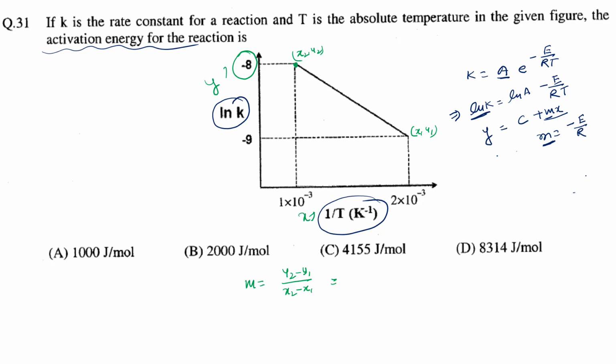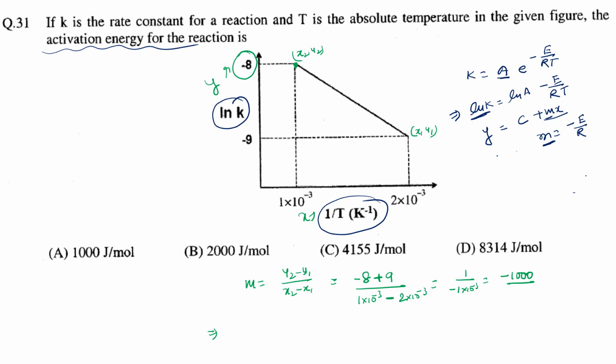Here ln K, so the y2 value is minus 8 minus, and the y1 value is minus 9, so minus minus is plus, so 9. And x2 minus x1, so x2 is 1 into 10 power minus 3 minus 2 into 10 power minus 3, so it is 1 divided by minus 1 into 10 power minus 3, it will be minus 1000. So this is the slope.